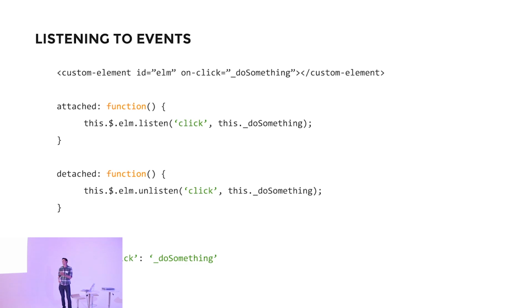You've got your listen, which is very similar to addEventListener. I've also got the unlisten there for detached as well. And then the other method is the listeners object, which is standard with any Polymer component. It just provides an object where you can add a load of listeners.